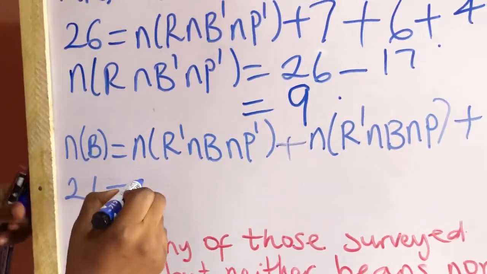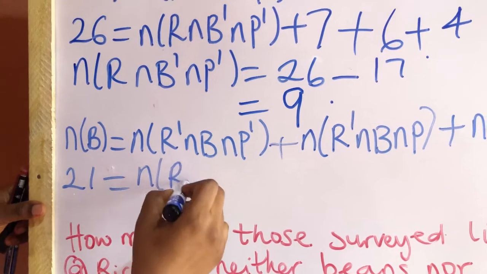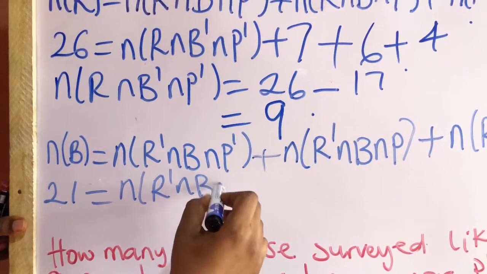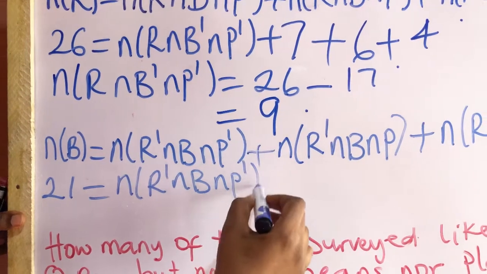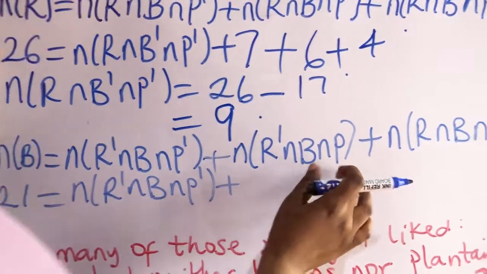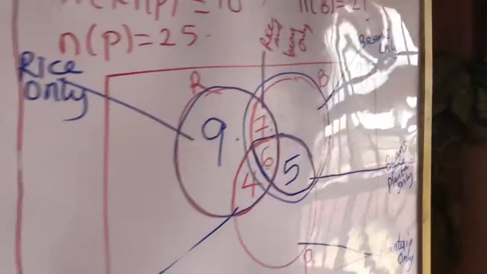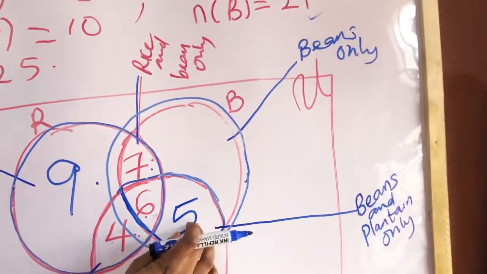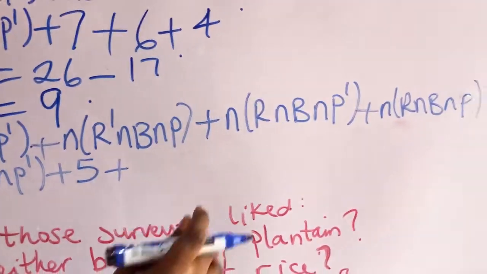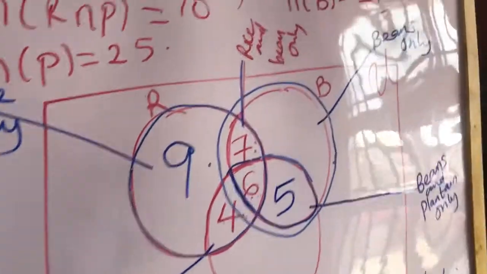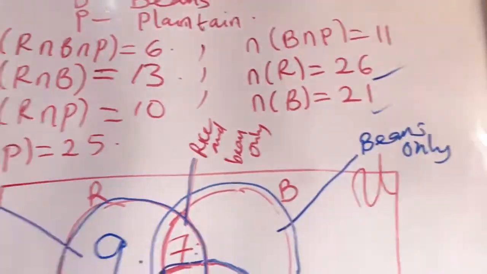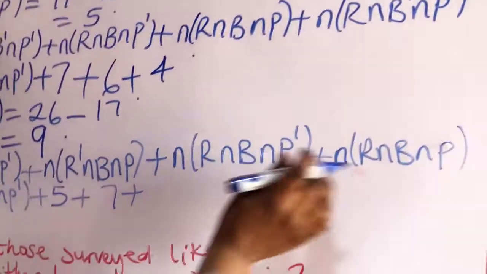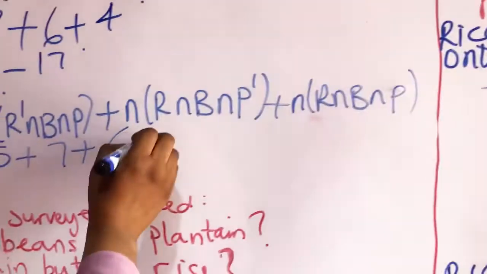21 is equal to the cardinality of R prime intersect B intersect P prime plus beans and plantain only, which is 5, plus rice and beans only, which is 7, then the 3 foods, 6.